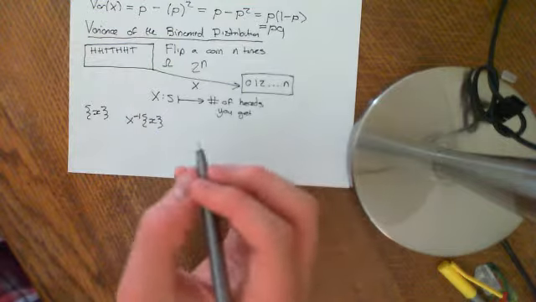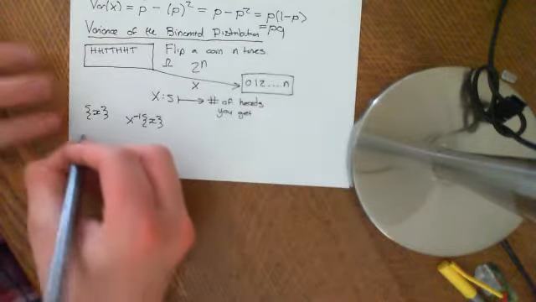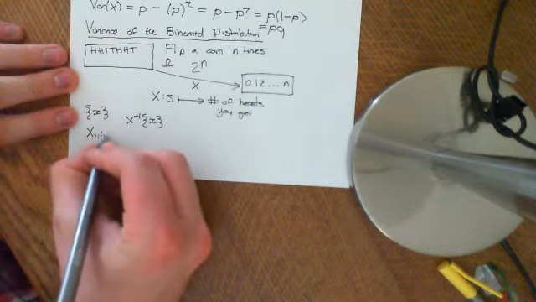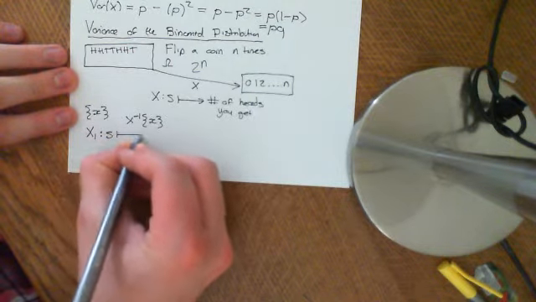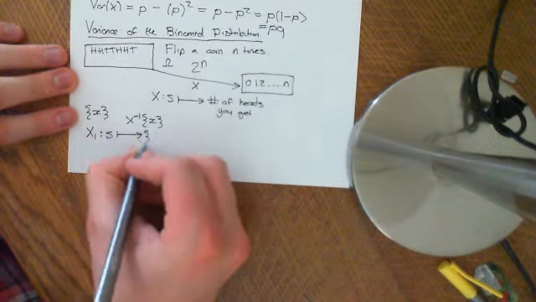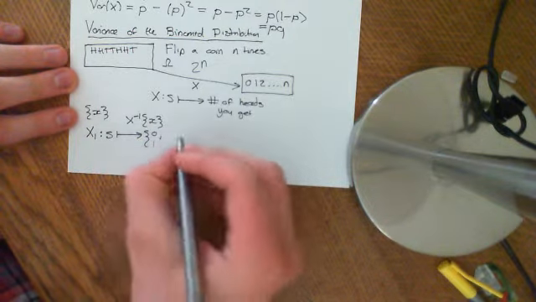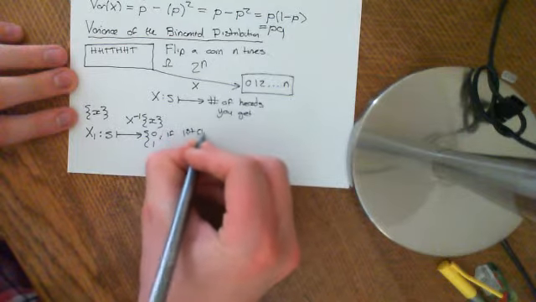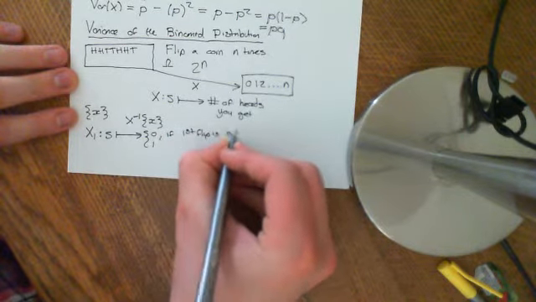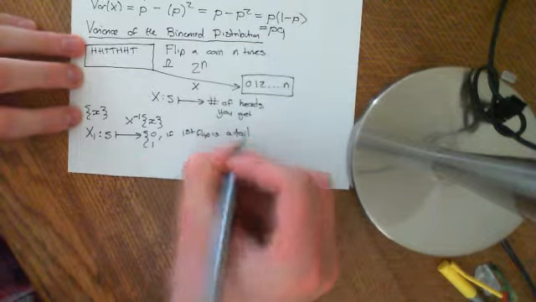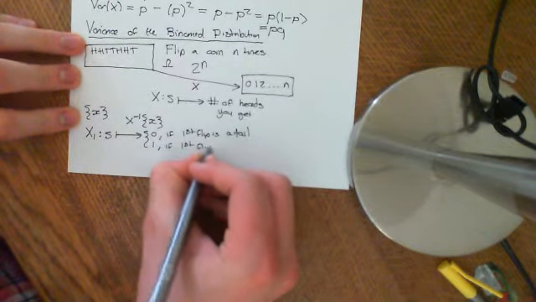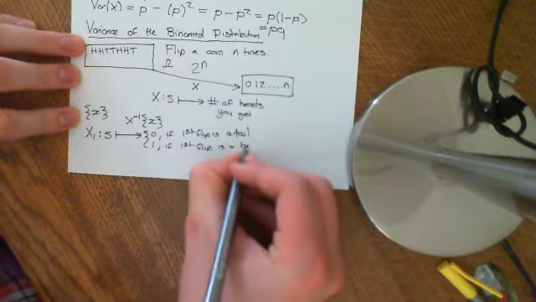Okay? So now what we can do is define more random variables. We can define a random variable X1, which is going to map s onto either 0 or 1. And it's going to map it onto 0 if the first flip is a tail, and 1 if the first flip is a head.